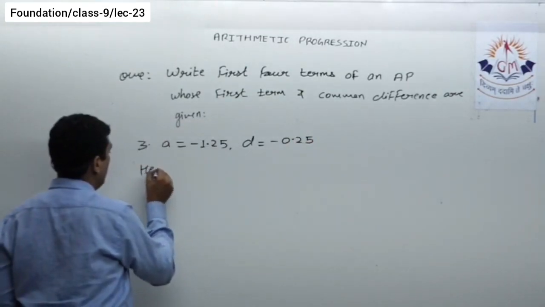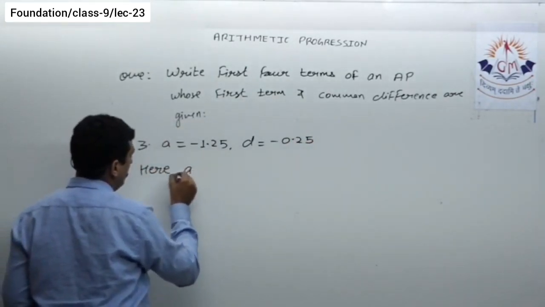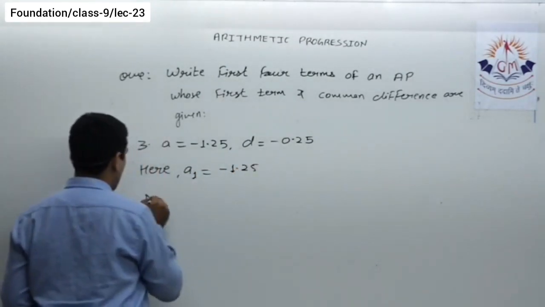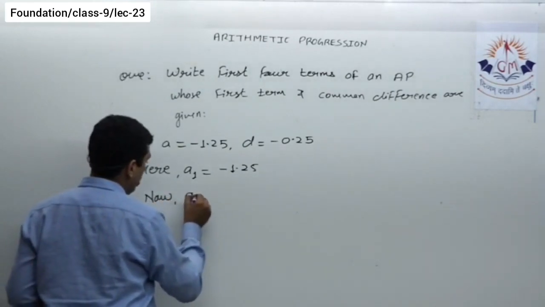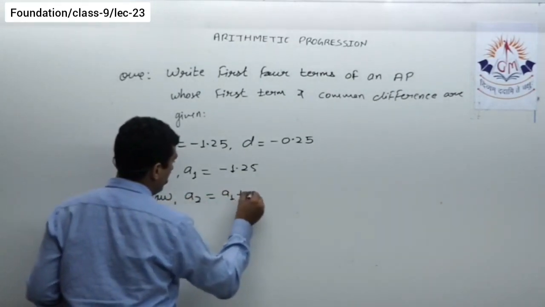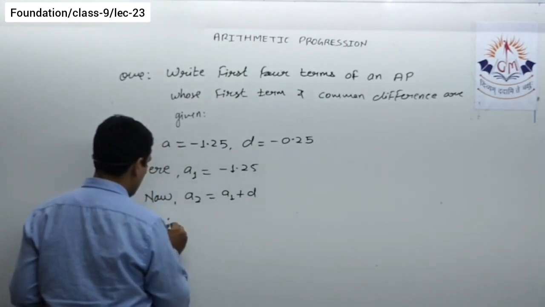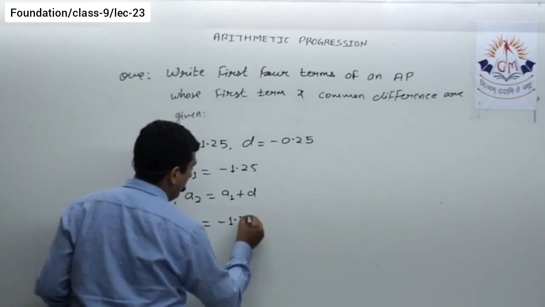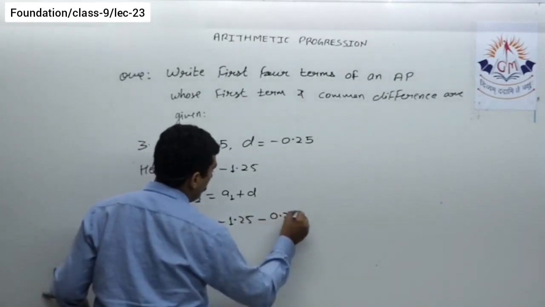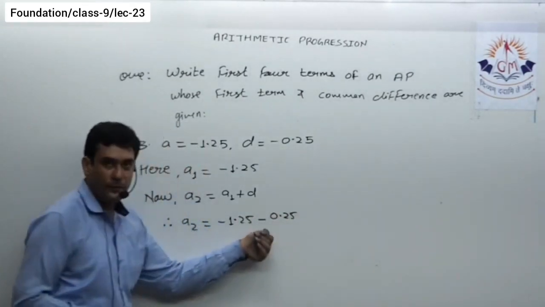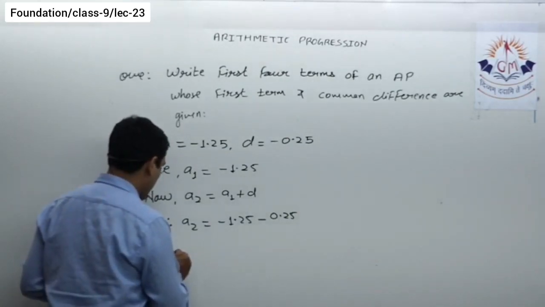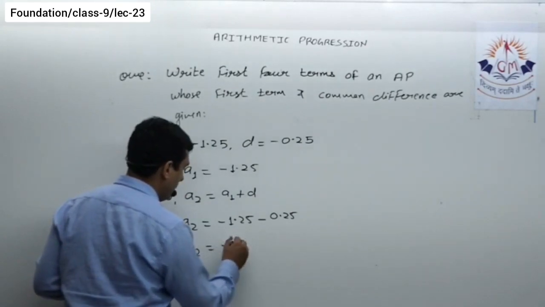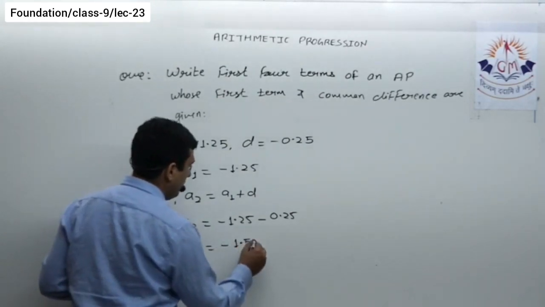Here a1 is equal to minus 1.25. Now we'll find a2. Now a2 is equal to a1 plus d. Therefore a2 is equal to minus 1.25 minus 0.25, because plus minus ultimately will be negative. So a2 is equal to minus 1.50.